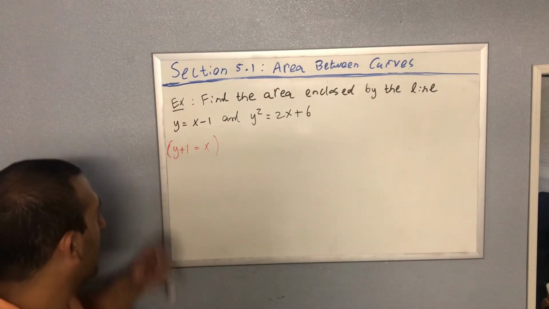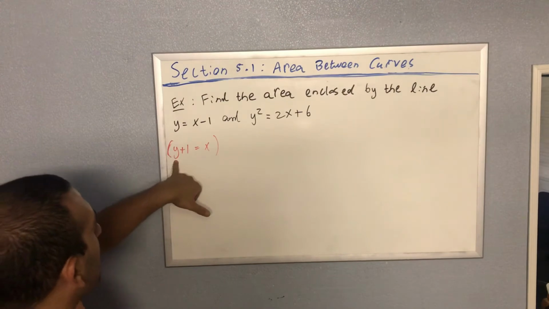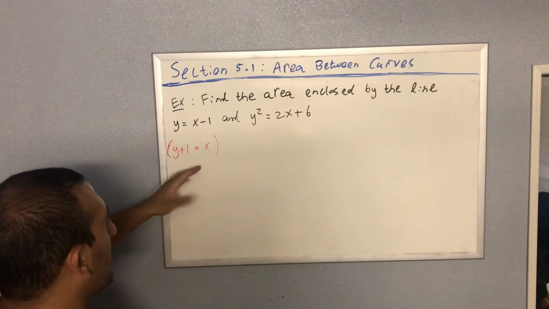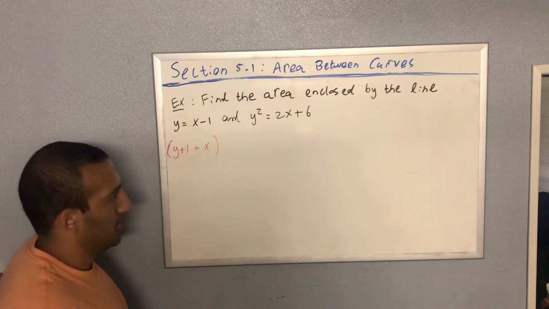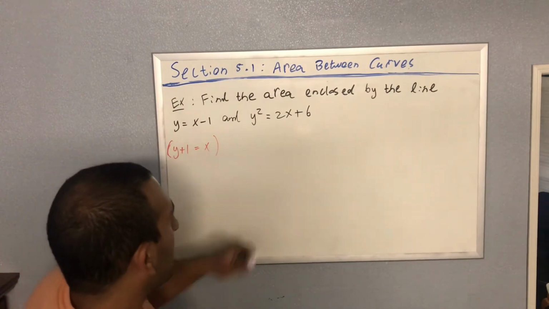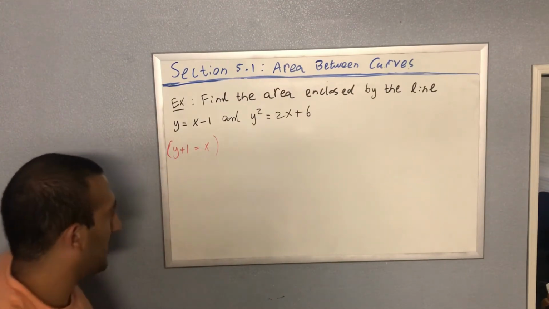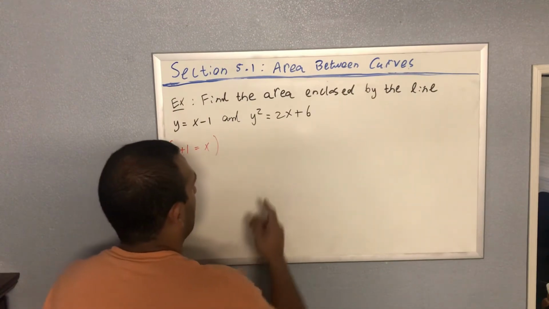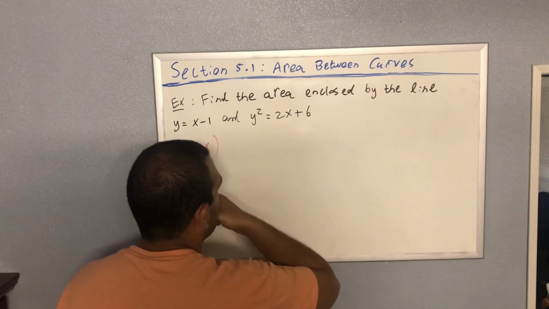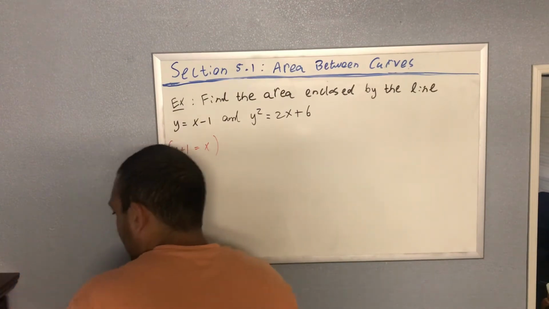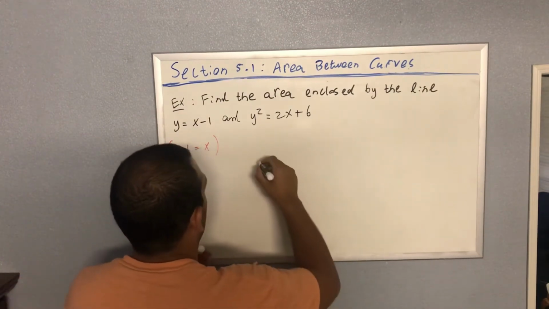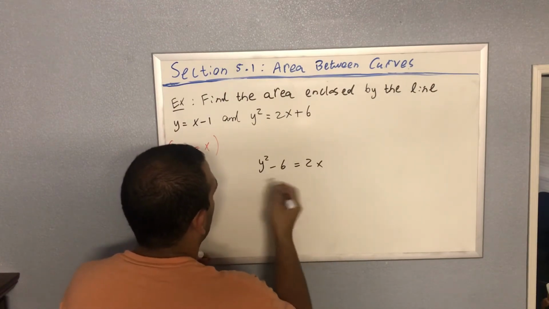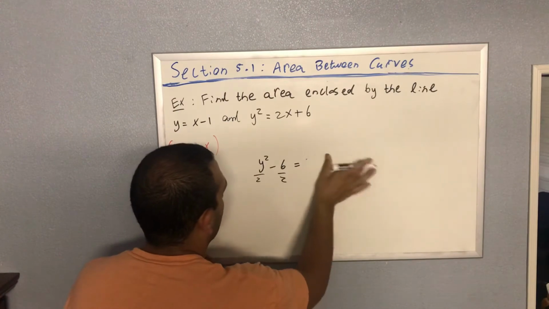So now, if I give you the y coordinate and you add 1 to it, that tells you what the x coordinate should be. So this is a function of y. And then here, this is a little more tricky, not too much more. If you subtract 6 from both sides and divide by 2, so you subtract 6, you get this, and then divide by 2, that means divide this by 2 and divide that by 2.